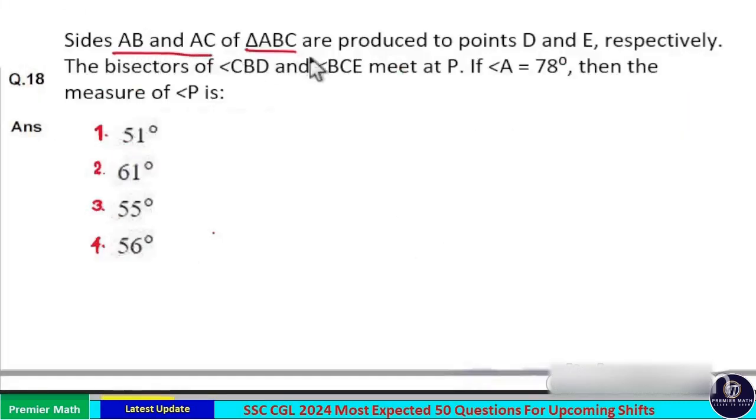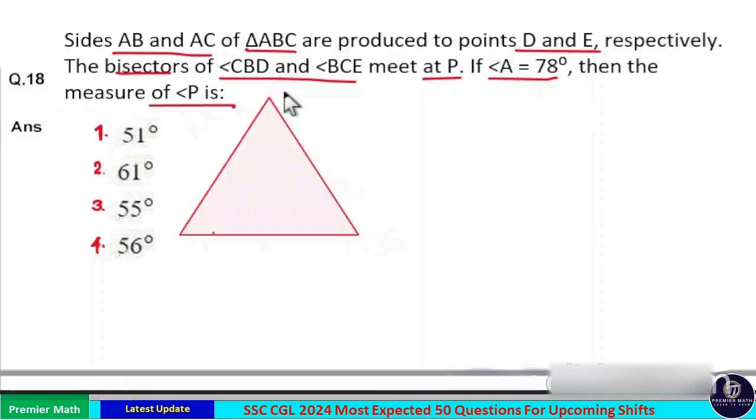Sides AB and AC of triangle ABC are produced to points D and E respectively. The bisectors of angle CBD and BCE meet at P. If angle A is 78 degrees, then the measure of angle P is? Here, this is the triangle ABC.